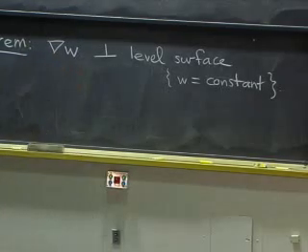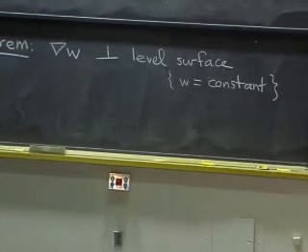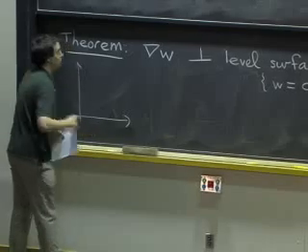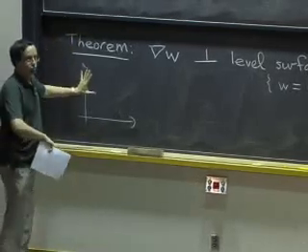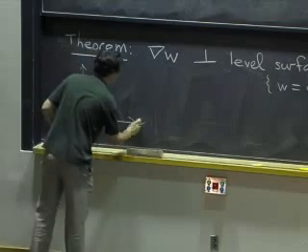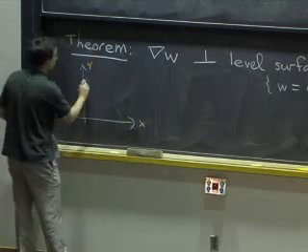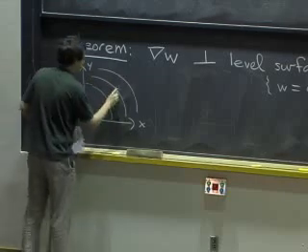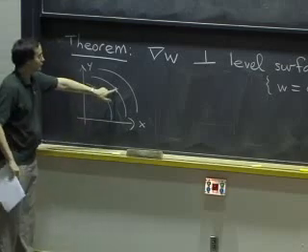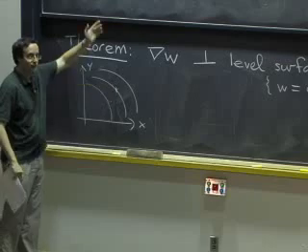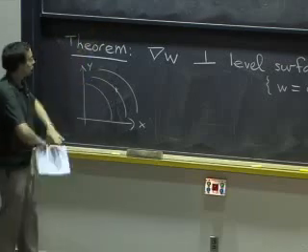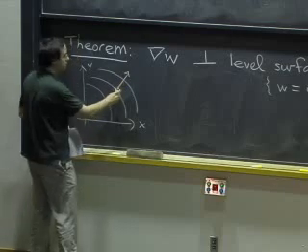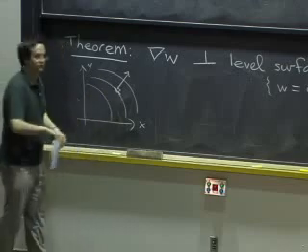If I draw a contour plot of my function, I'm going to forget about z because I want to draw a two-variable contour plot. Say I have a function of two variables, x and y, then maybe it has some contour plot. If I take the gradient of the function at this point x, y, I will have a vector. If I draw that vector on top of the contour plot, it's going to end up being perpendicular to the level curve at this point.